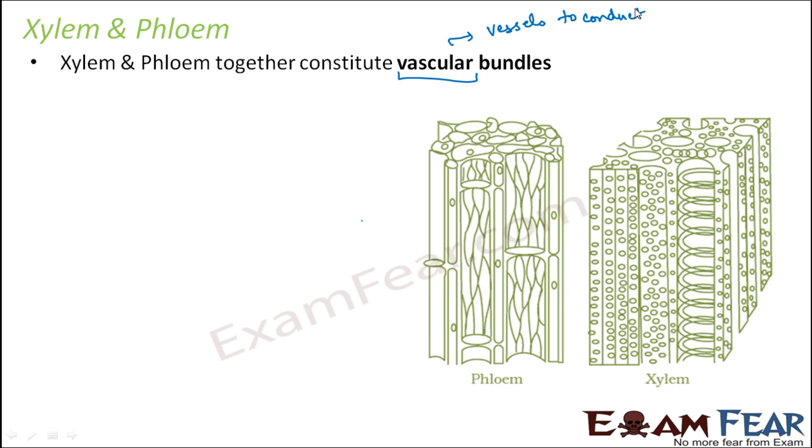So we are going to talk about the structure of xylem and phloem here. These are nothing but the conducting tissues. First we'll talk about xylem. Xylem are mostly dead cells. When I say mostly, not all of them are dead, but most of them are dead.